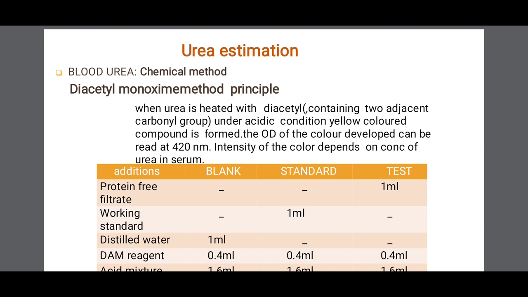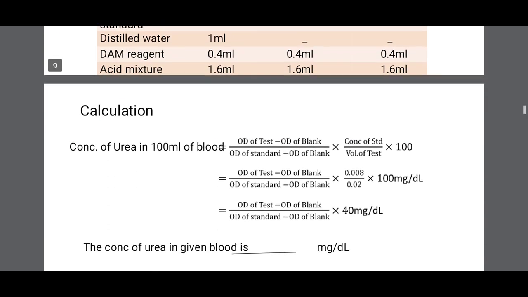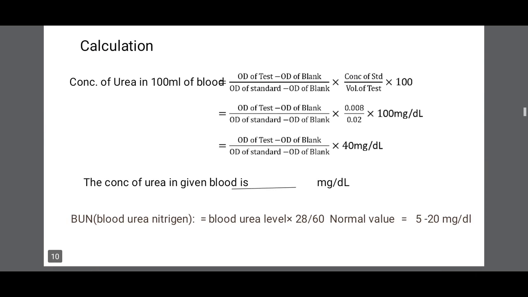After this the color developed will be read at 420 nanometers. The concentration of urea will be proportional to the color of the tube.